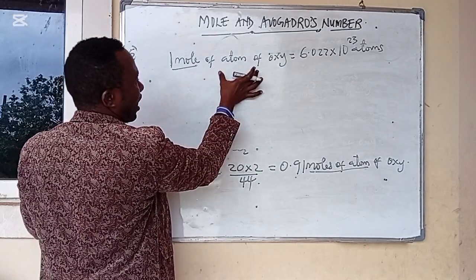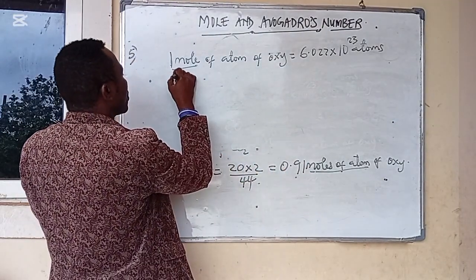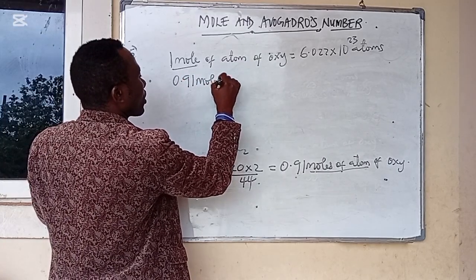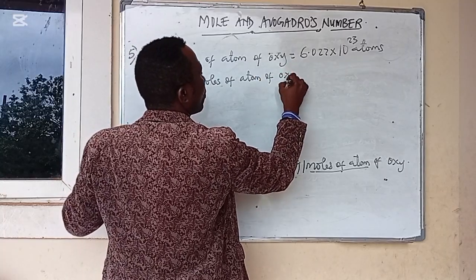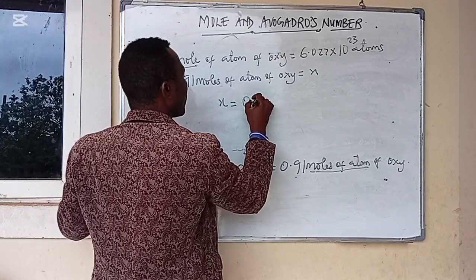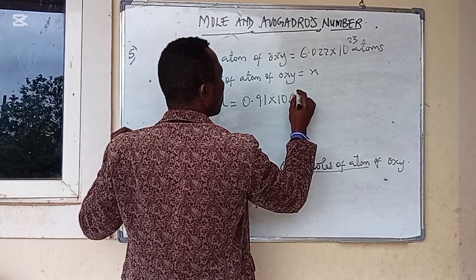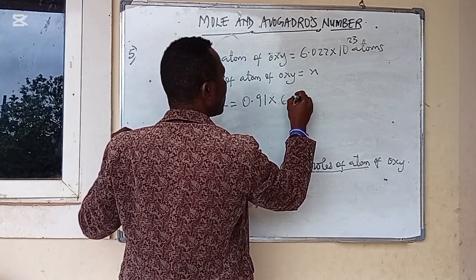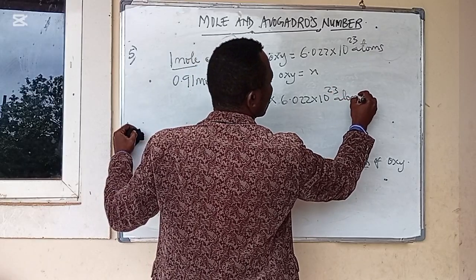So if 1 mole of atom contains this, then the 0.91 moles of atom of oxygen we have calculated will give us x. So x becomes 0.91 times 6.022 times 10 raised to power 23 atoms.